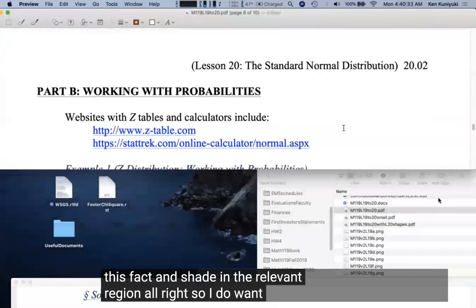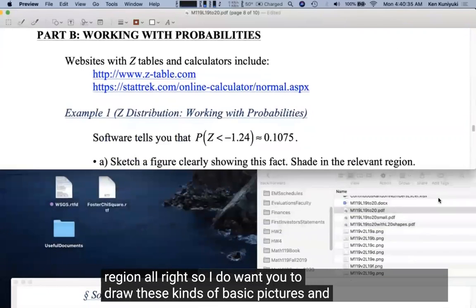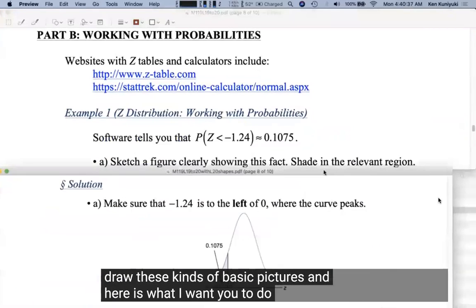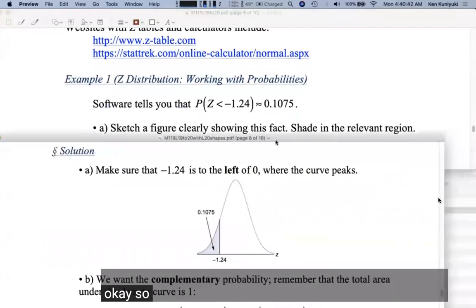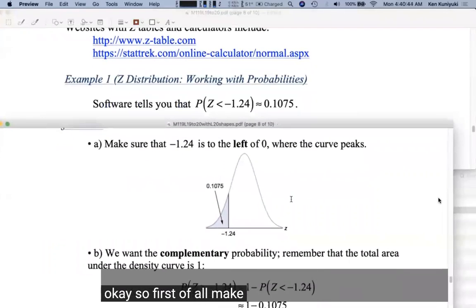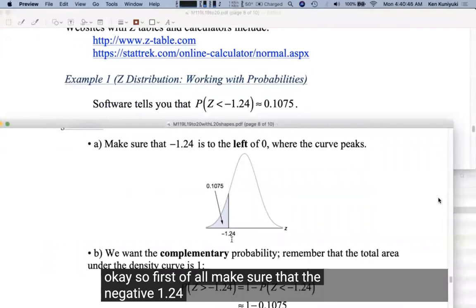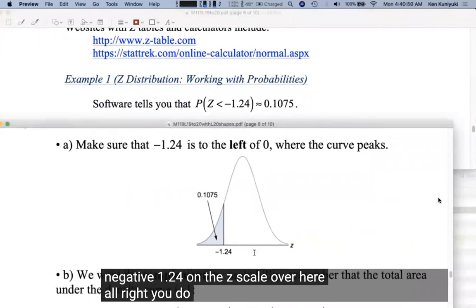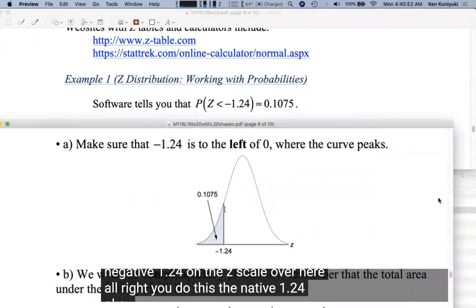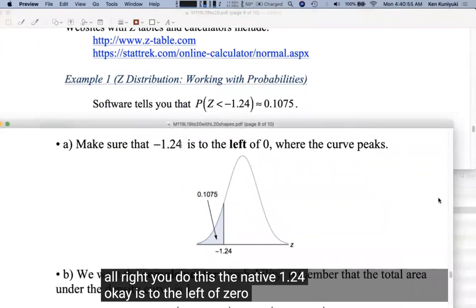All right, so I do want you to draw these kinds of basic pictures. And here is what I'd want you to do. First of all, make sure that the negative 1.24 on the z-scale is to the left of 0.